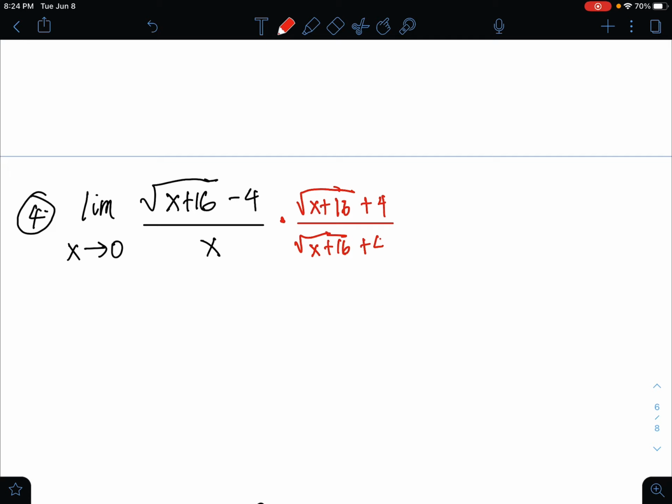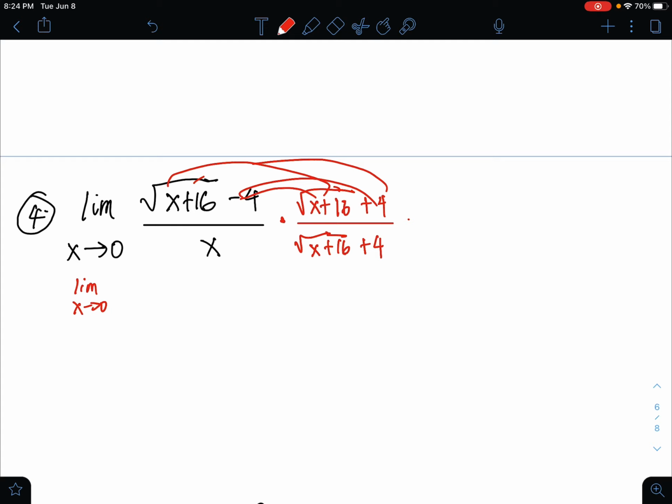Okay, so it equals the limit of that function as x approaches 0.